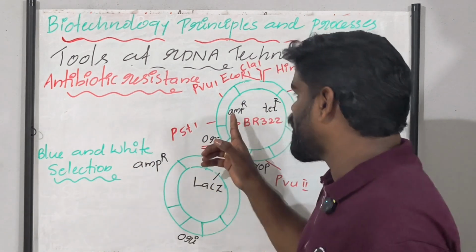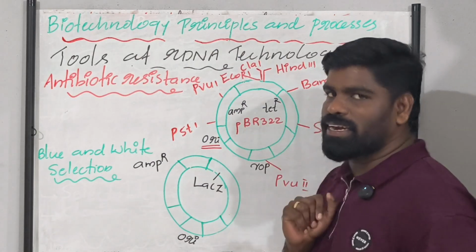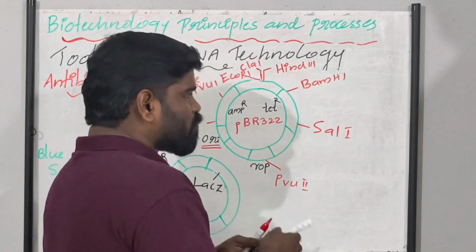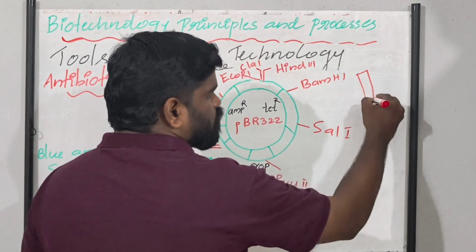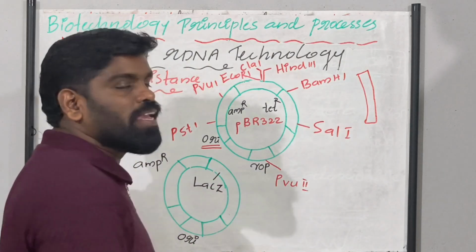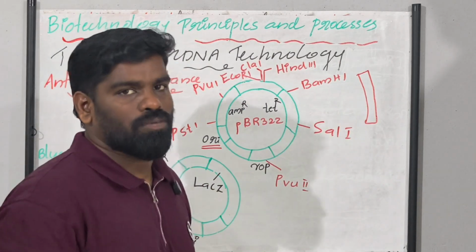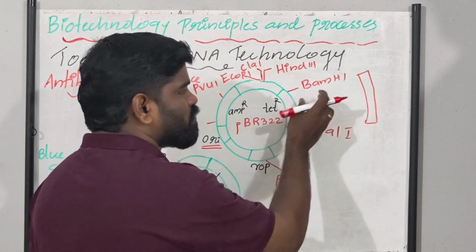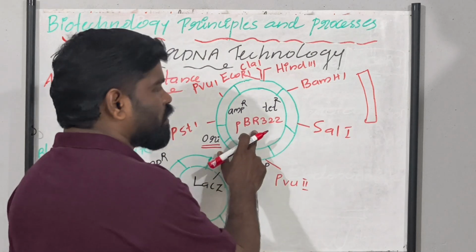As I have already told you, there is the ampicillin resistance gene and the tetracycline resistance gene. Just imagine a small piece of DNA that we are ligating at the BamHI site of the tetracycline resistance gene in pBR322.